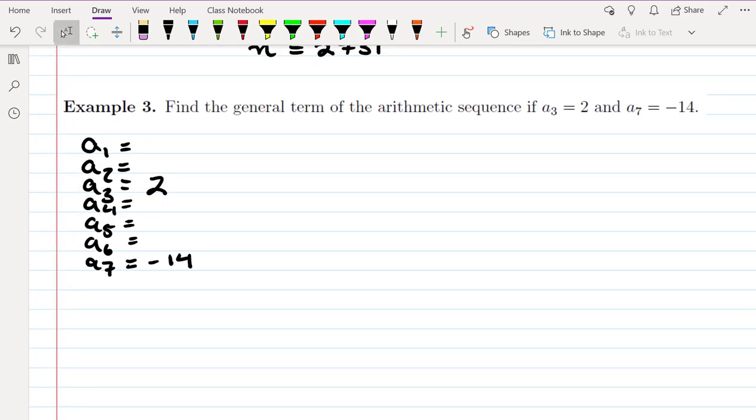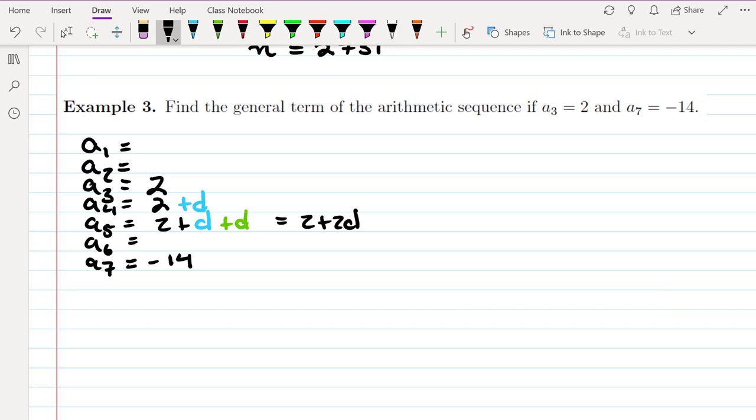Well, if we start at 2, which is the third term, to get to the fourth term, we would have to add d. So we would have 2 plus d. But then to go from the fourth term to the fifth term, we would have to add another d. So we would have 2 plus d plus d, and that would give us 2 plus 2d.